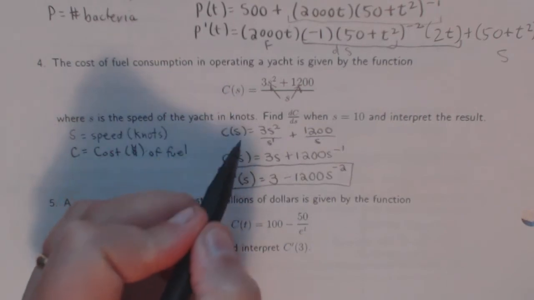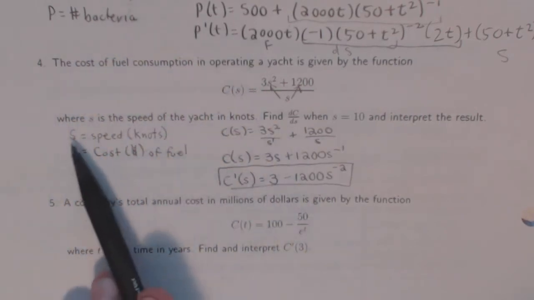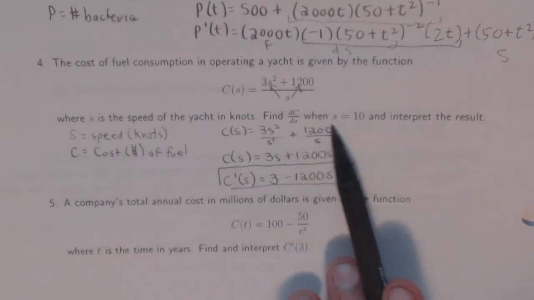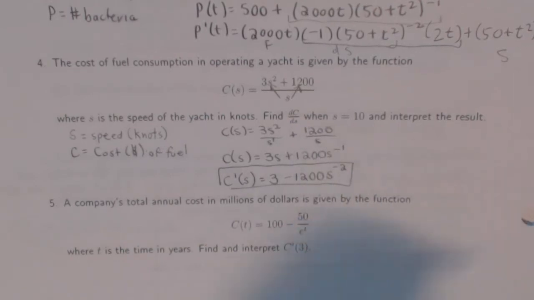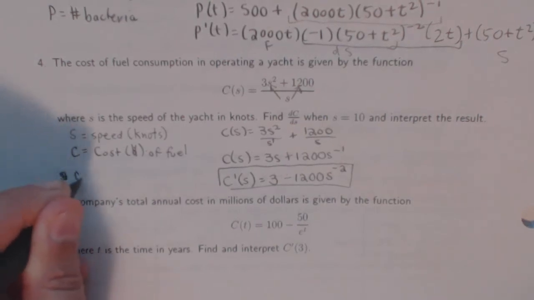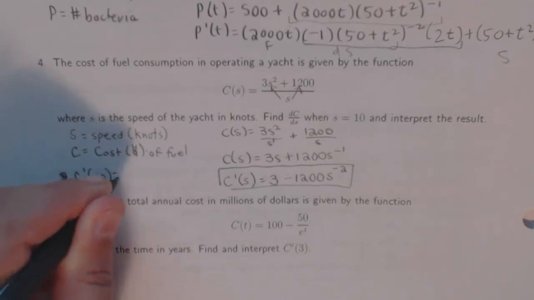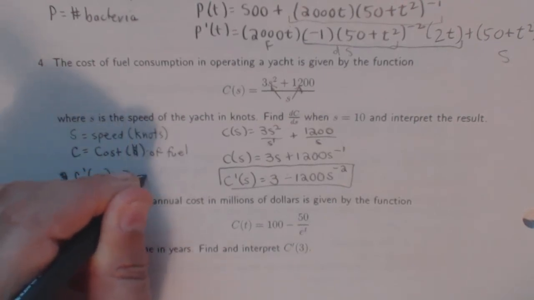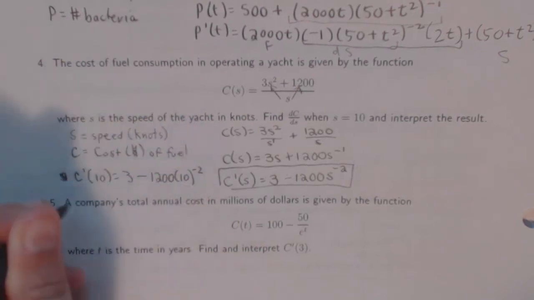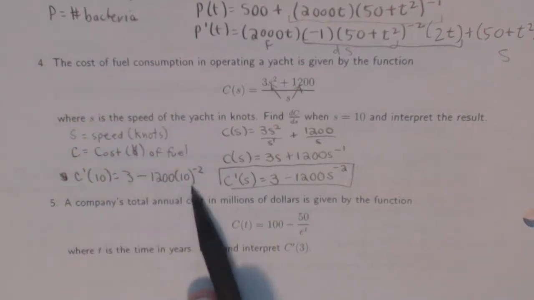You can use this or this as your original, but it says that we want to find the derivative when S is 10. So that means that we're going to plug 10 into the derivative, which would be 3 minus 1200 times 10 to the negative 2. So I'll use Excel, and when we get to Excel, I'll interpret that.